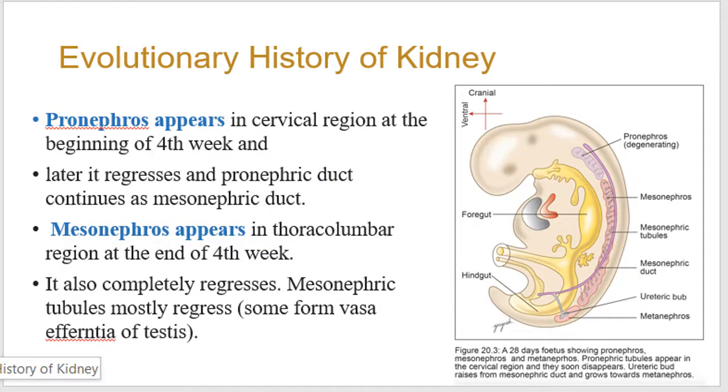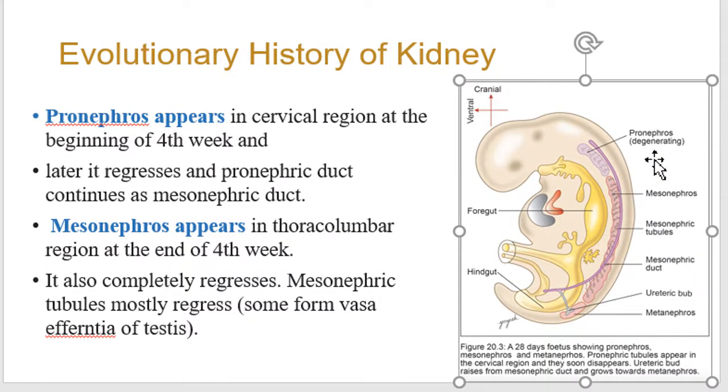Evolution of the kidney. The kidney is developed in 3 stages: pronephric, mesonephric, and metanephric. In early development, there is development of the duct and tubules in the cervical region.